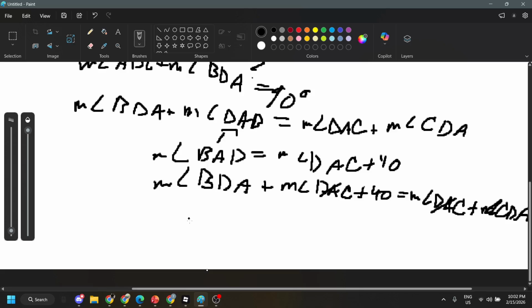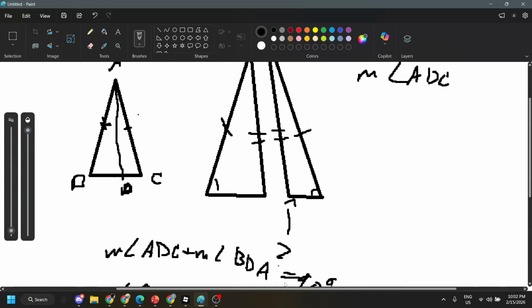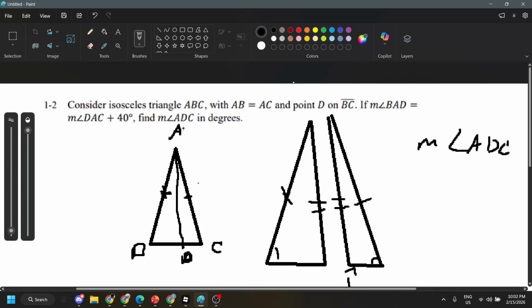These two cancel out, so the measure of BDA plus 40 is equal to the measure of CDA. Yeah, that makes sense.